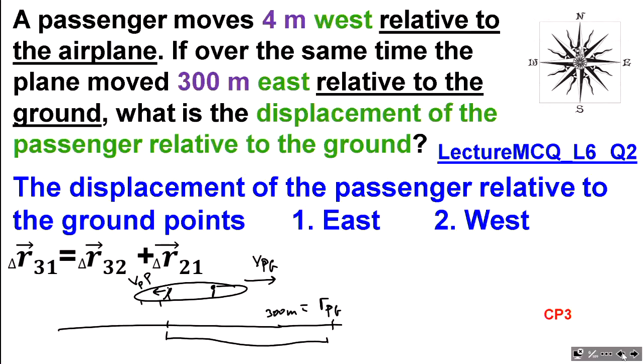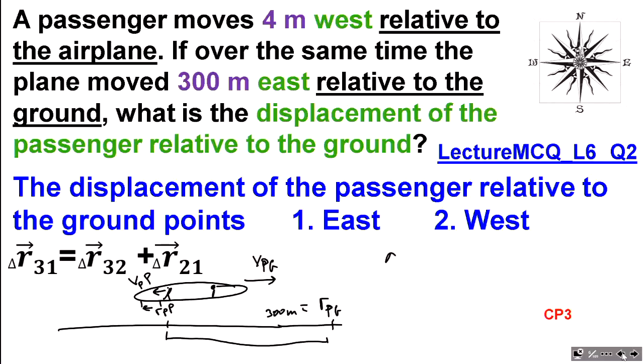And the displacement here is supposed to be the displacement of the passenger relative to the plane. And we could use the general equation, or we can write an equation for this specific situation.